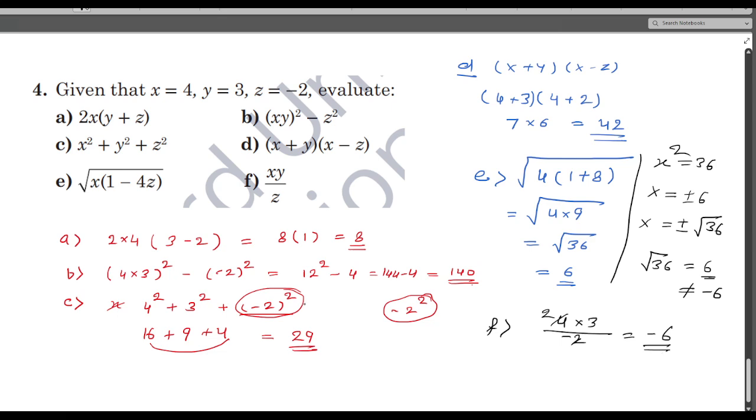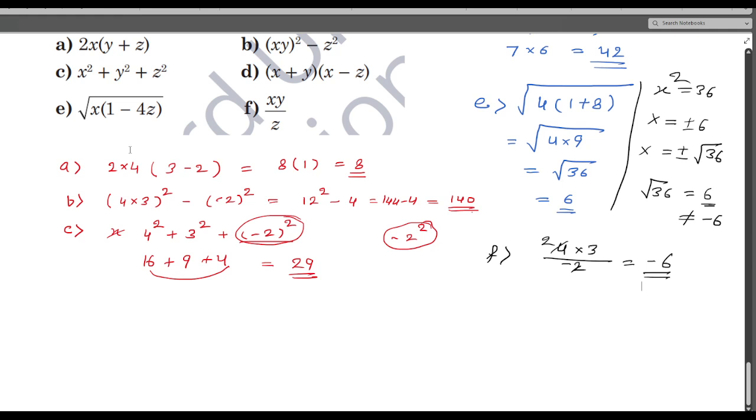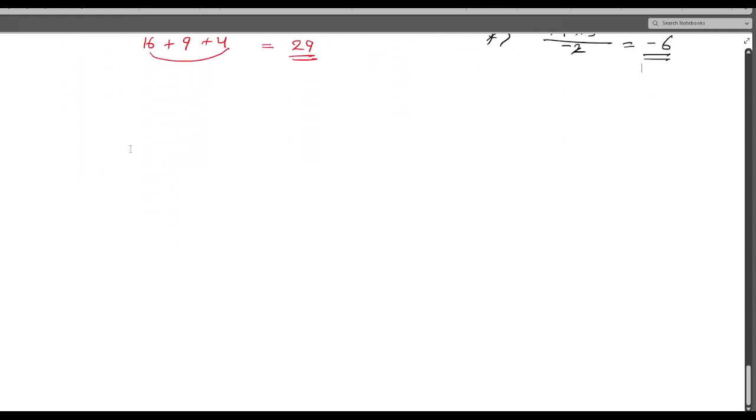So again, this is similar to what we did in question number 2, substitution, but here it is a little more difficult. At some places we have to use the distribution rule, at some places we have to square, at some places we have to take the square root. So it is substitution only, but the problems are a little difficult.